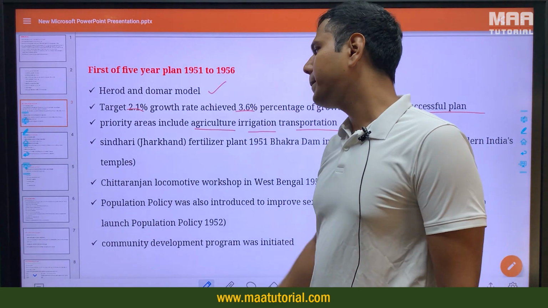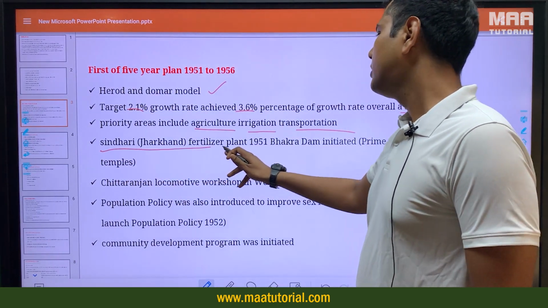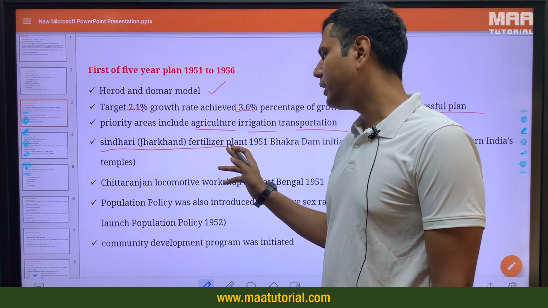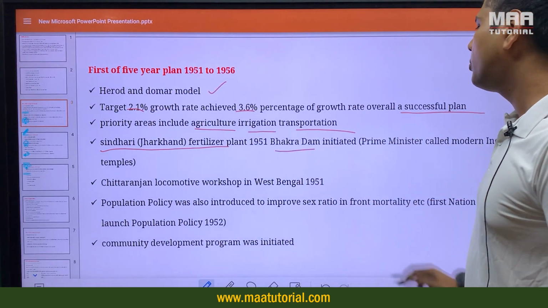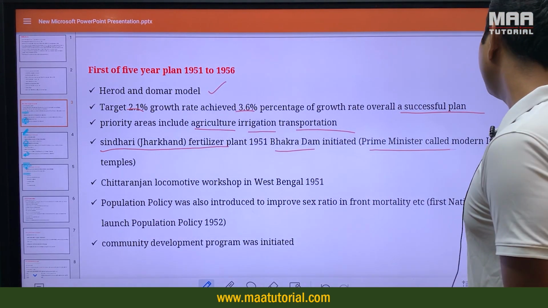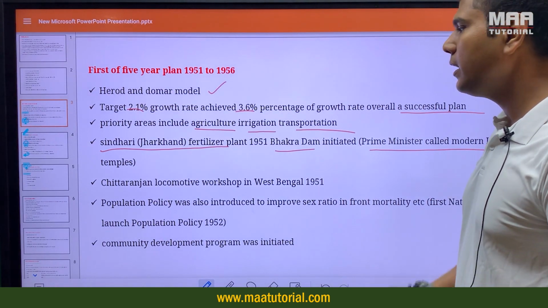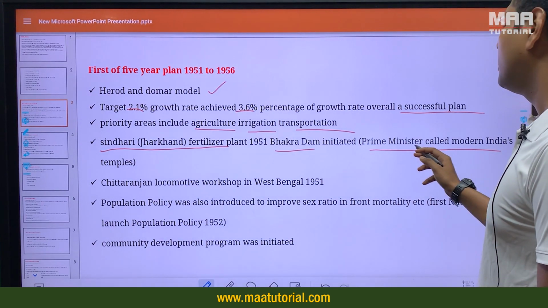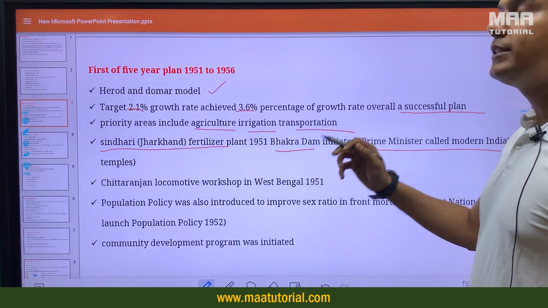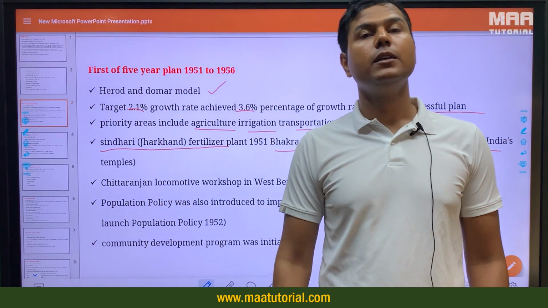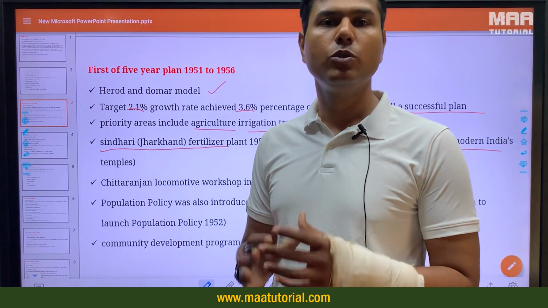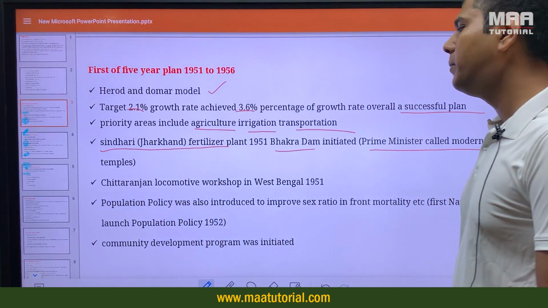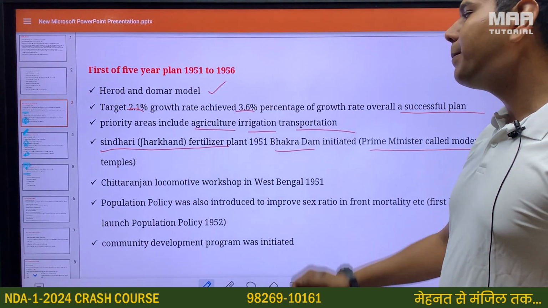In order to develop agriculture, we need fertilizers, right? So in Sindri there was a fertilizer plant made in 1951. Bhakra Dam was also initiated under the leadership of Prime Minister Jawaharlal Nehru. He had called dams modern India's temples. He compared dams with temples, so that they bring prosperity and fortune to our country. That is why he called them modern India's temples.